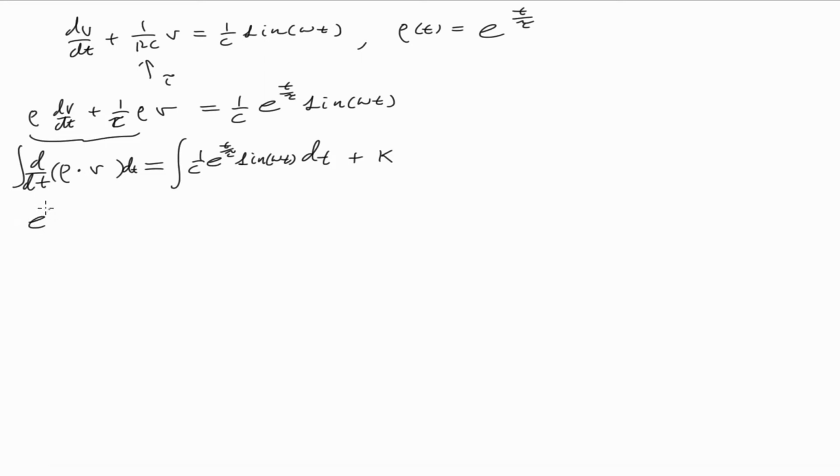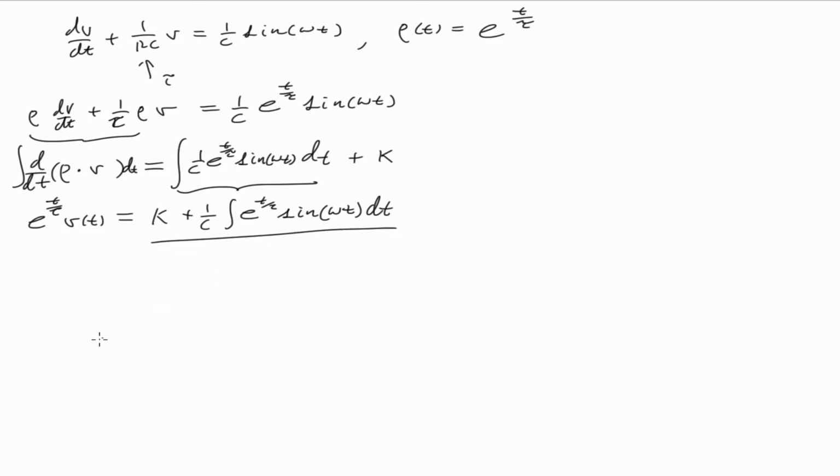So I'm going to go e to the t over tau times v of t is equal to k plus this thing we need to take. So I'm going to call that 1 over C, and this integral here, e to the t over tau times sine omega t dt. All right, that looks pretty good.